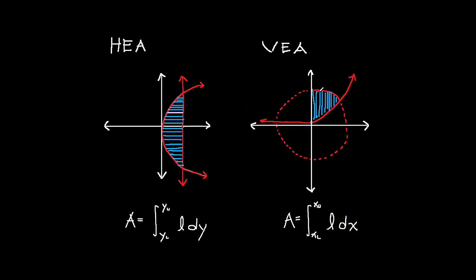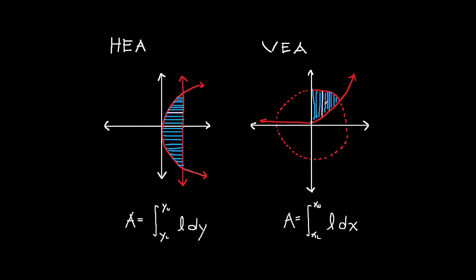Whereas dito sa VEA, let's focus on this line lang. As you can see, isang end ng vertical line natin is touching this shape or this boundary, which is a circle. And the other end part of the line is touching the second boundary natin, which is an exponential curve.